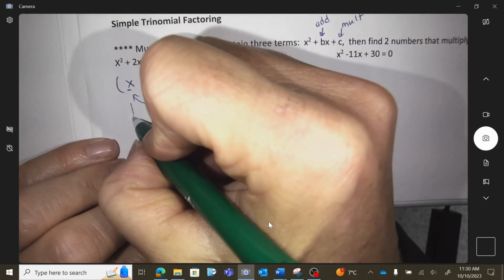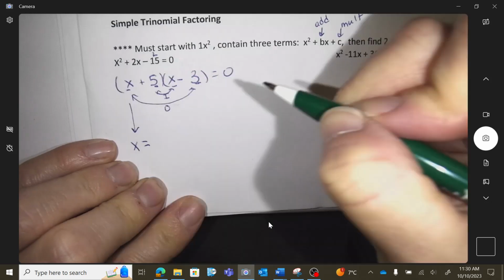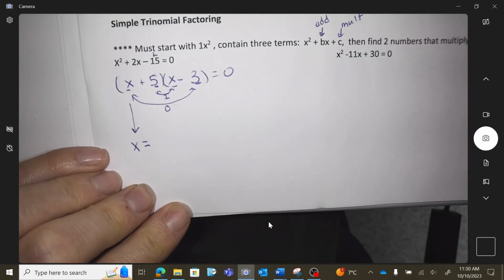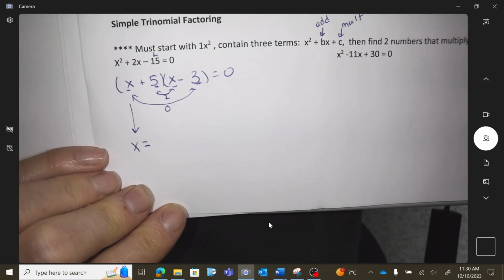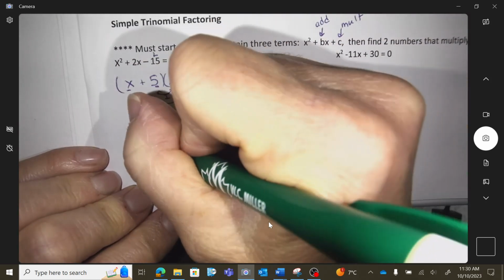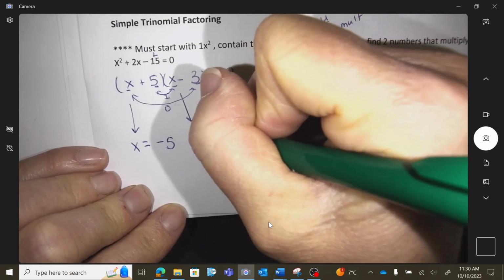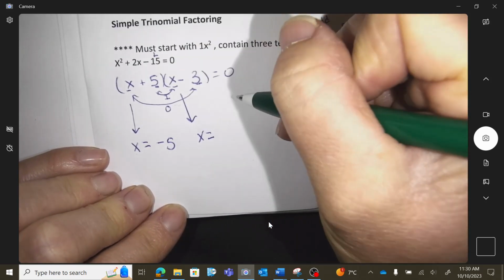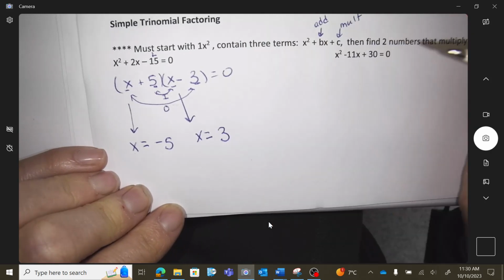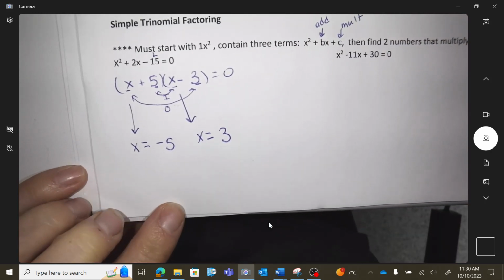Okay, then what are your solutions? So what are your x-intercepts? You're thinking, what number causes a 0 in that factor? Negative 5. And what number causes that bracket to be 0? Positive 3.